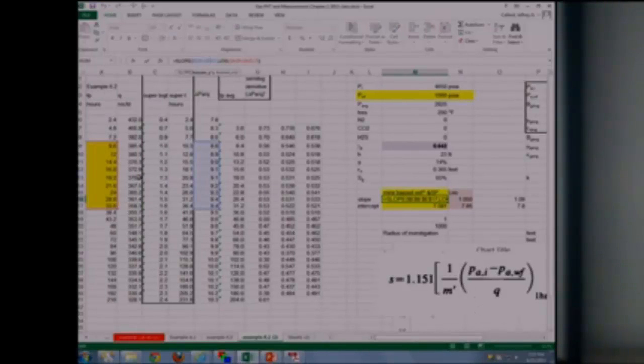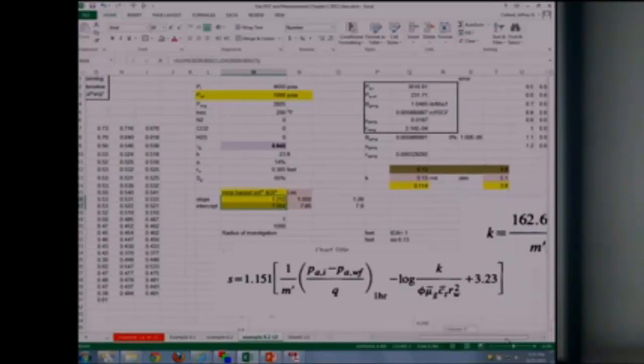So now instead of using 9.6 to 33.6, I'm going to use 10.3 to 36.4. And likewise for my intercept. So I just changed my slope and intercept, and that's going to change my permeability.